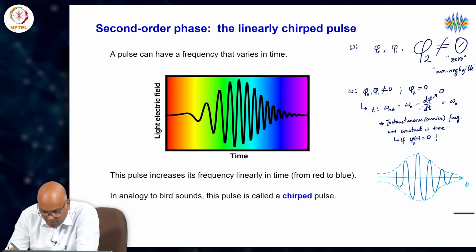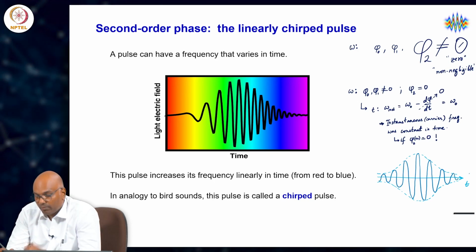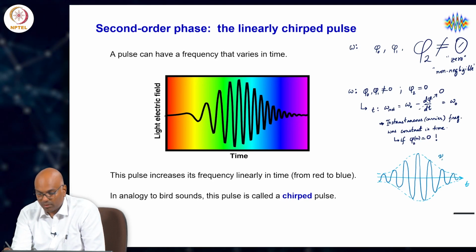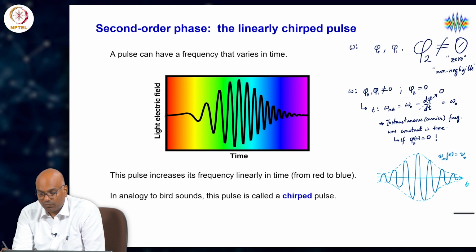Okay, I have essentially sketched for you again a fairly few cycle pulse, but it makes the point that nu or omega instantaneous is forever nu naught.